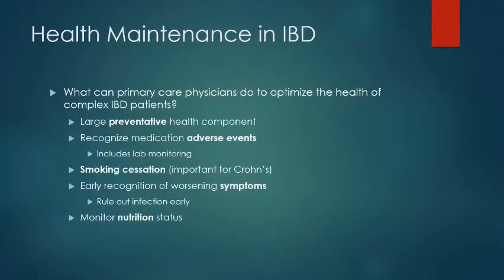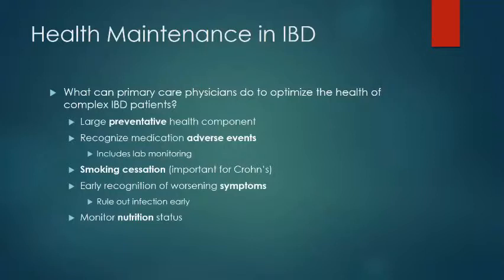So what can primary care physicians do to optimize the health of these complex IBD patients? There's a large preventative health component. We can recognize medication adverse events, including lab monitoring. We can perform smoking cessation, because that's incredibly important for the prognosis of Crohn's patients.